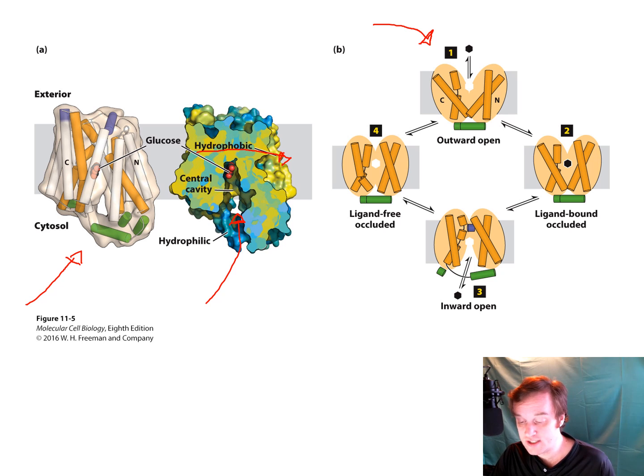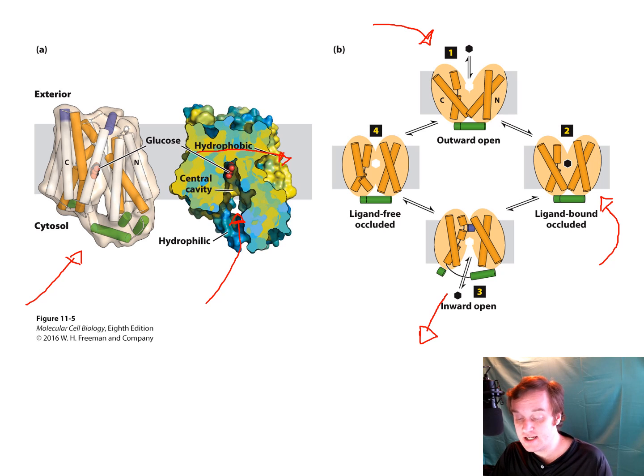Once it is bound, if there's a high enough concentration of glucose, then we get this ligand bound occluded conformation, which is closed around the glucose and both sides are closed. Then in the 3rd step, we have this release where inward open occurs, and that will allow that glucose molecule to go inside the cell.